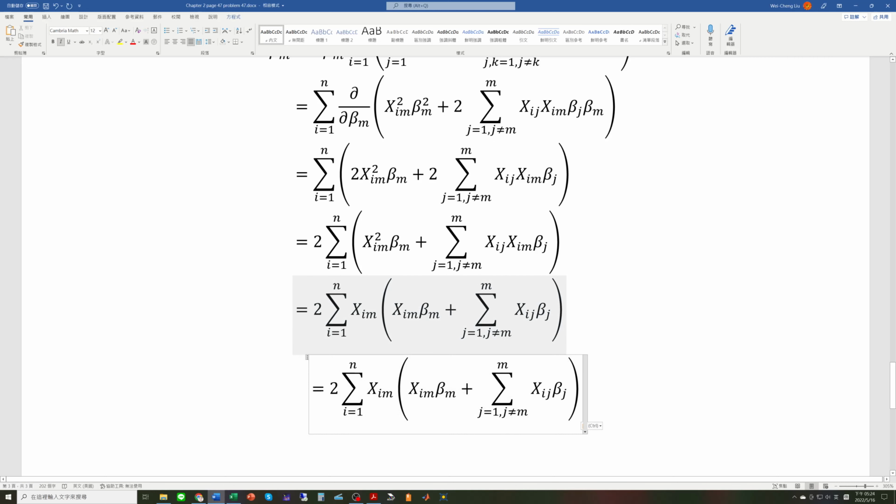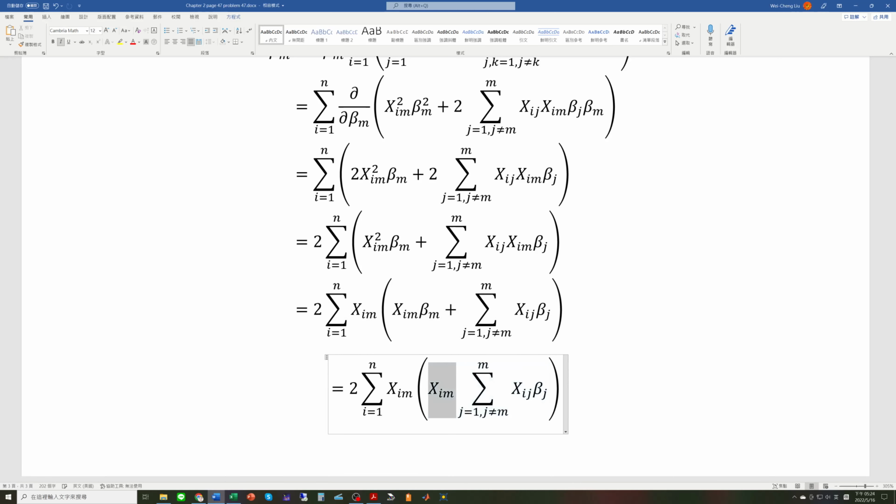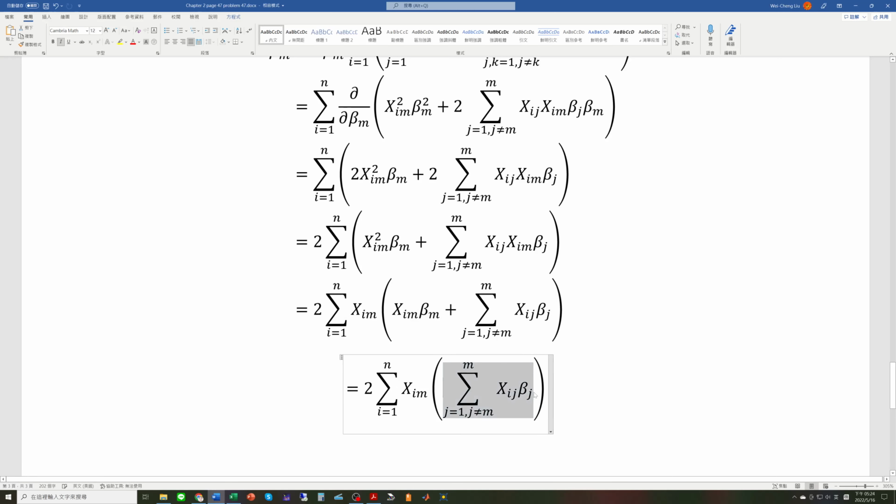We can combine this term and this term into only one term. So we can delete it. And move this term outside of the parentheses and cancel.